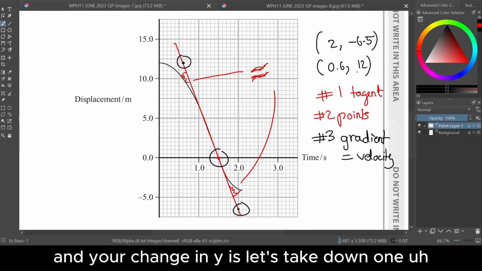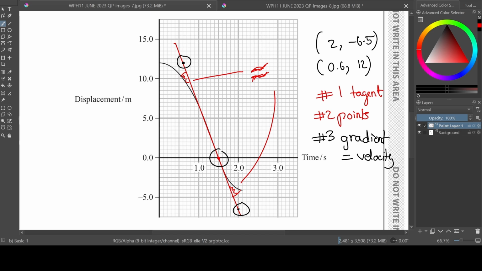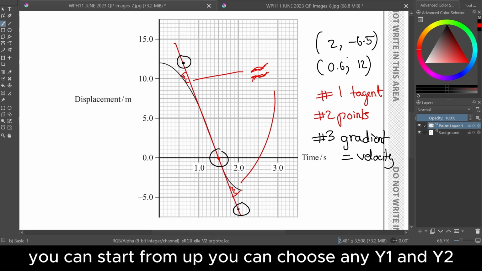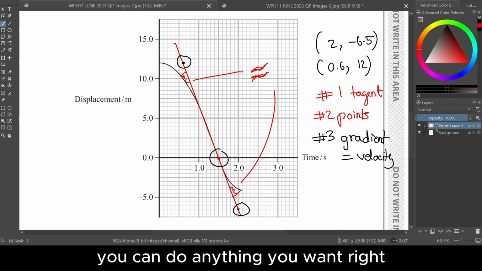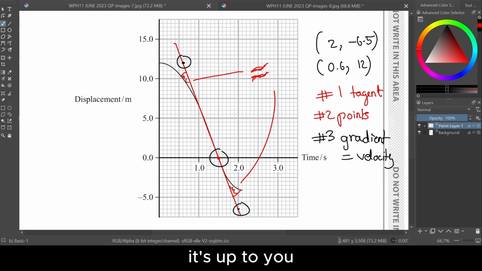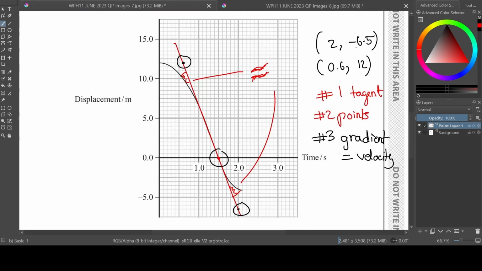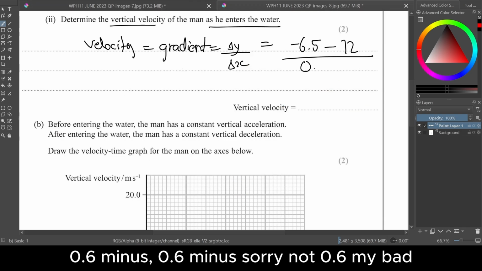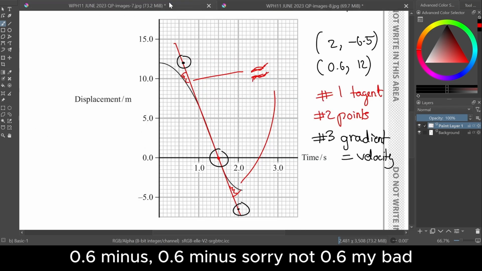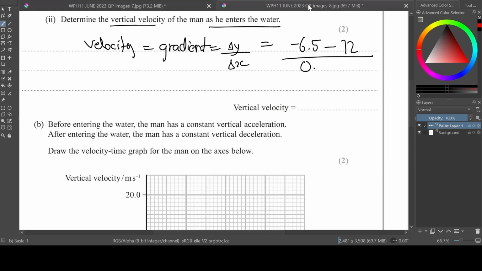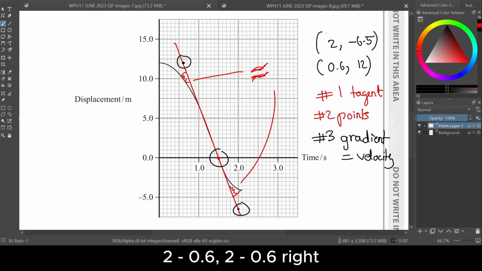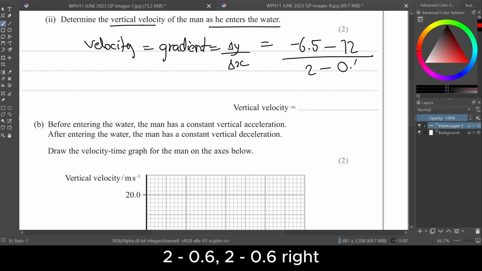You can choose any y1 and y2, it's up to you. So let's say negative 6.5 minus 12, over 2 minus 0.6.